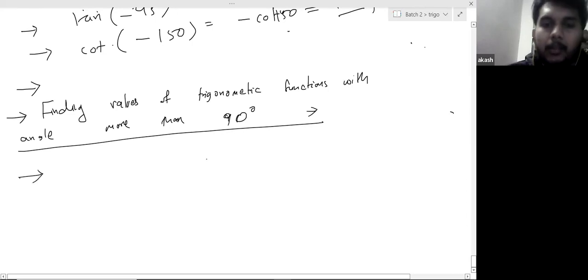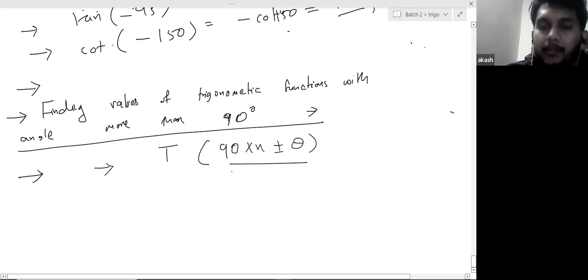All right. So suppose you have a trigonometric function t. This is the general way we'll divide that. If it is any angle, we'll write this in this form: 90 into some value n, plus or minus some angle, and t represents all trigonometric functions.